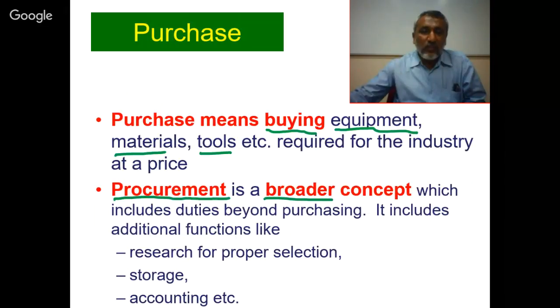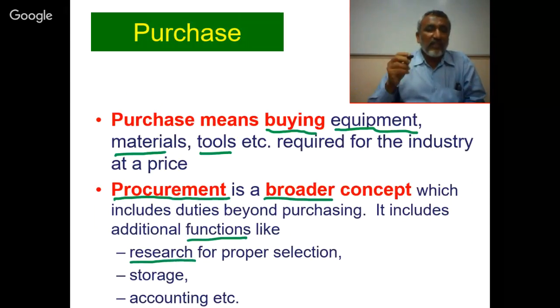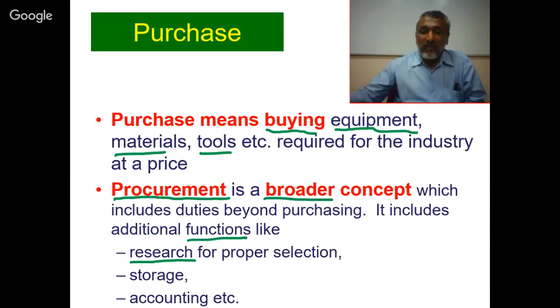It includes many additional functions like doing proper market research so that the purchase is done more efficiently, more systematically at a competitive price, and then storing the material in the most efficient manner, accounting the material in the organization. These are all part of procurement, which has a wider meaning than just purchase.